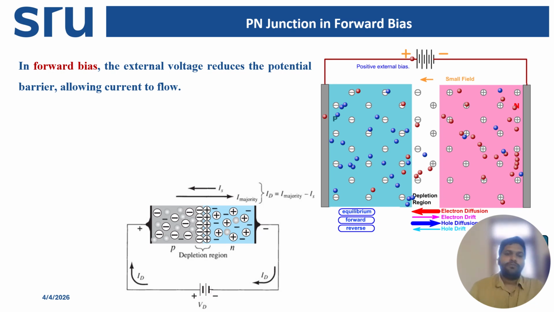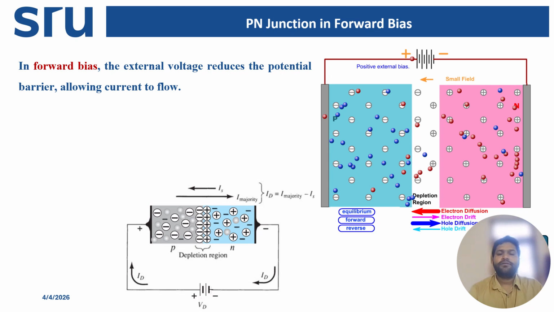How does current flow in a PN junction under forward bias? When the applied voltage exceeds the threshold voltage, about 0.7 volts for silicon and about 0.3 volts for germanium, the diode begins to conduct heavily.